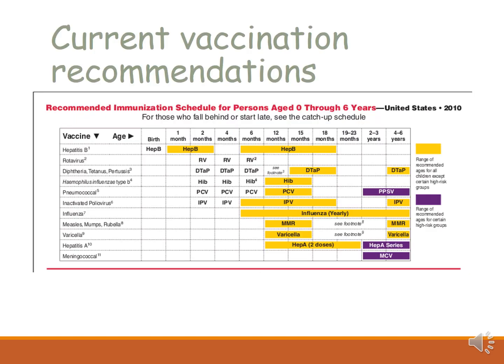This is just showing recommended vaccination schedules, and sometimes there is an issue with children who are ill at the time they need to receive a vaccine, so they have to have a catch-up schedule which requires them to get multiple vaccinations in one day.